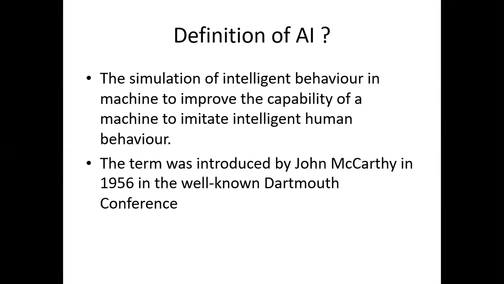So what is the definition? The definition is very simple. The simulation of intelligent behavior in a machine, to improve the capability of a machine to imitate intelligent human behavior, is called AI. So if any machine imitates any human behavior, that is called AI. Like your hand picking up an object or your mobile phone, holding it, moving it, and putting it in another place.